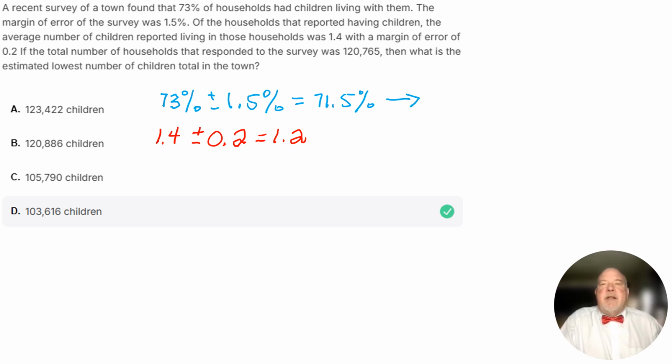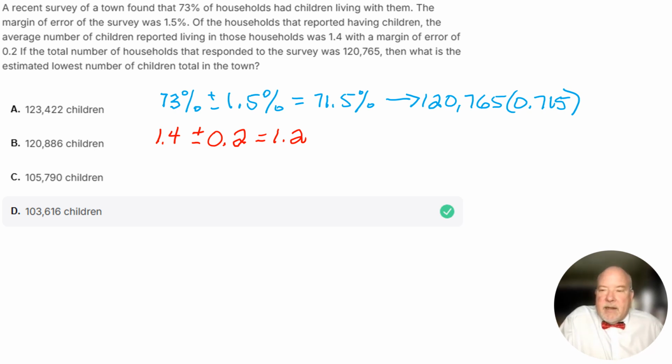And so I'm going to take the number of people in the survey, 120,765, and I want to find out what 71.5% of that is. So I take the 71.5 and divide it by 100, or I move the decimal two places to the left, and then I'm going to multiply this by 0.715. And again, that's just the 71.5% divided by 100.